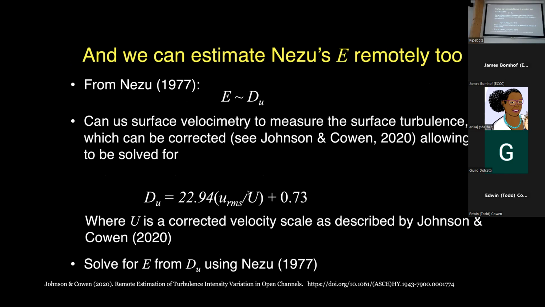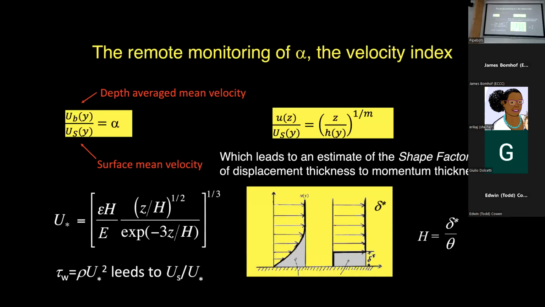She does some corrections for the surface velocity scale and the URMS based on what she needs to get at, but she turns to Nezu again to look at his empirical constant for the streamwise RMS turbulent fluctuations. And from that, she can solve for E, which, using Nezu's 1977 results, comes from this estimate of the streamwise empirical constant D sub U. And so that then gives you your ability to get E.